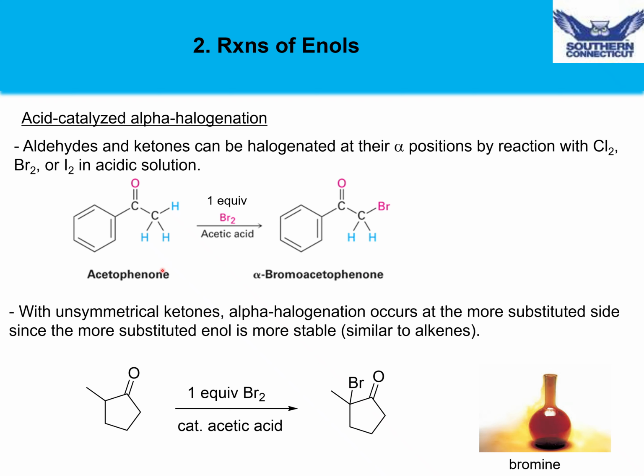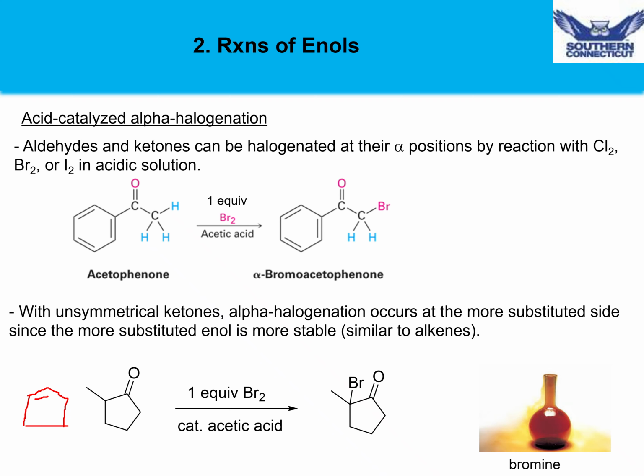This is similar to what we see with alkenes. So you can think of an enol similar to an alkene. Using this example here, we have this unsymmetrical ketone. It will prefer to form an enol on the left side of the molecule. So here is the enol form that would form.